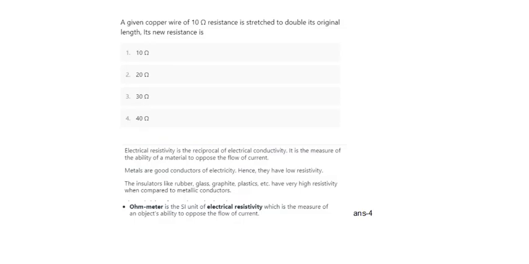Next question. A given copper wire of resistance 10 ohm is stretched to double its original length. Its new resistance is? The formula is R equals rho L by A. When L gets doubled, its area gets halved.